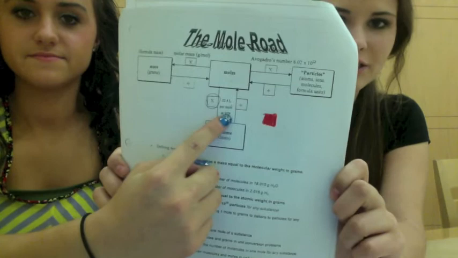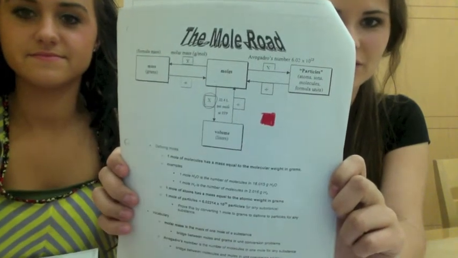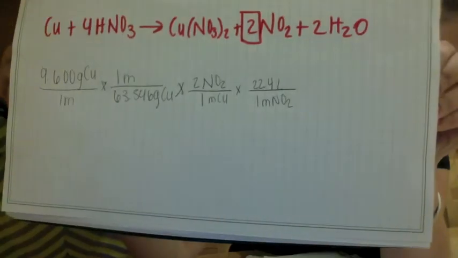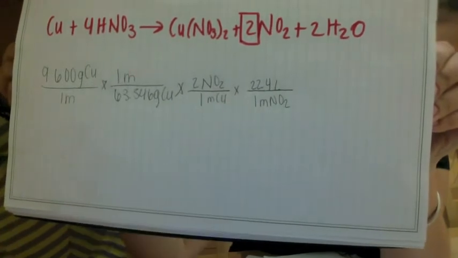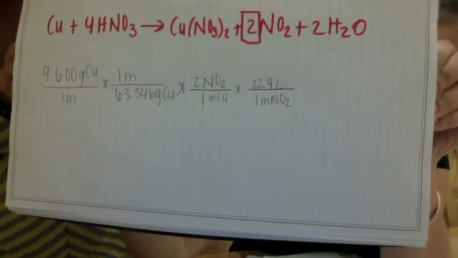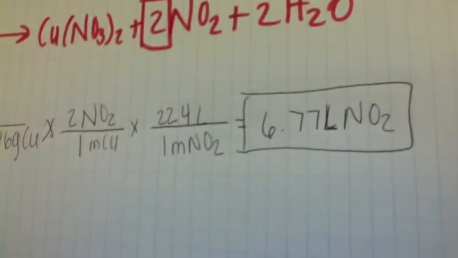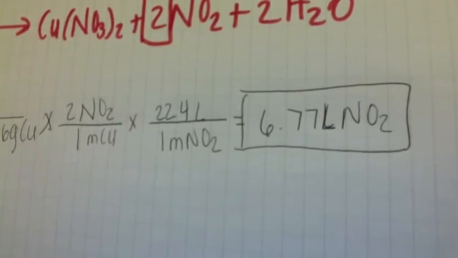Next, look at your mole map, and you will see that you need to multiply by 22.4 liters to get to the volume. Now you'll put it into your equation and multiply by 22.4, which gets you your final volume of 6.77 liters of NO2. And that was an example of a mass to liter problem.